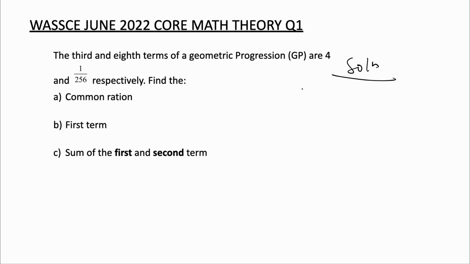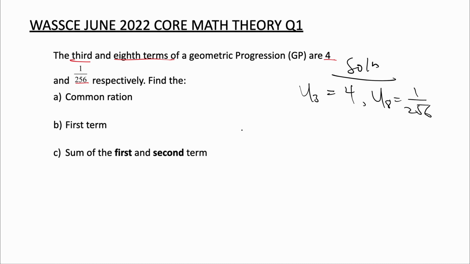Okay, so we know that the third term is 4 and the eighth term is 1 over 256. So we can say that U3 is 4 and U8 is 1 over 256.